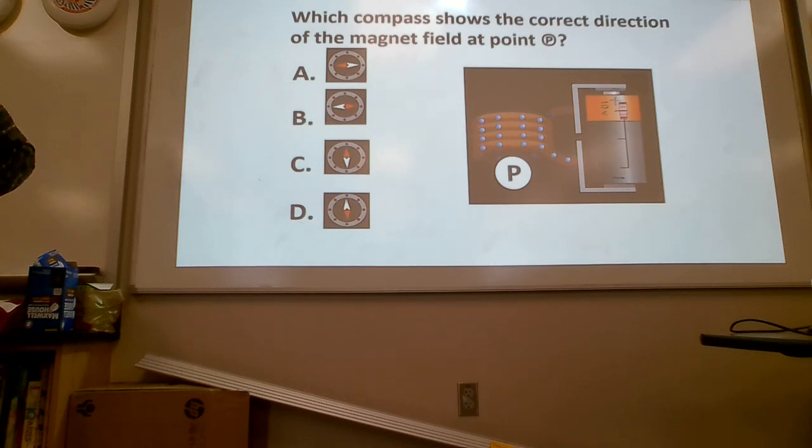Talk to your neighbor. The compass just points in the direction of the magnetic field. The red painted part points in the direction of the magnetic field.